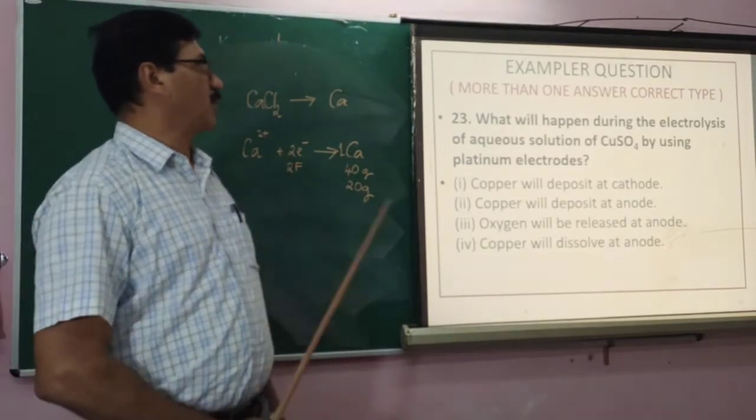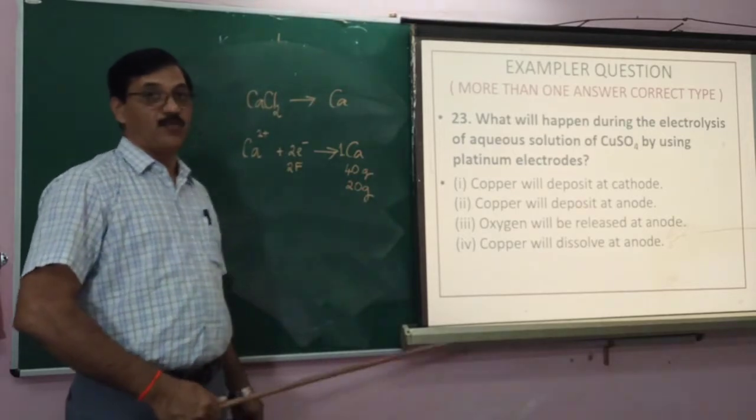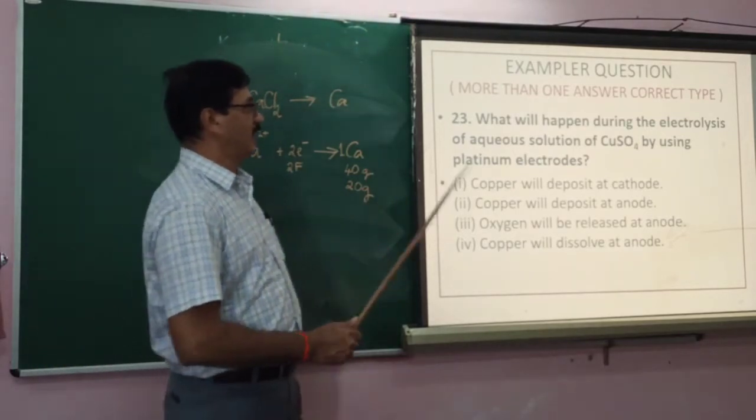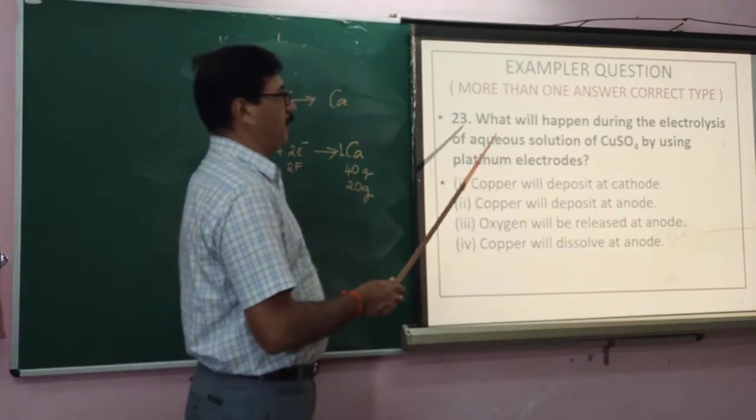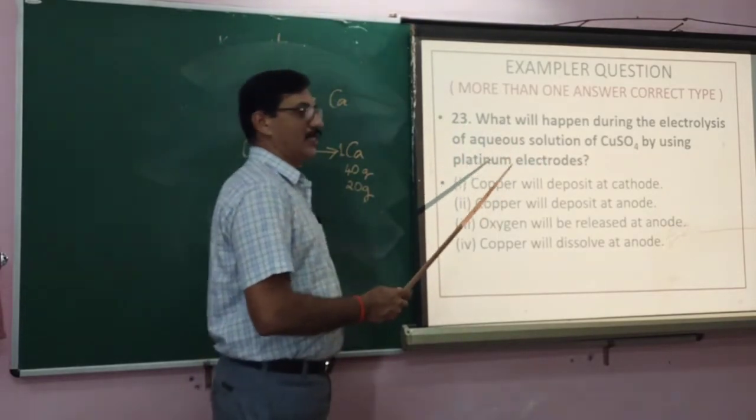Now, some exemplar questions, the type where more than one answer may be correct. What will happen during the electrolysis of an aqueous solution of copper sulfate with platinum electrodes?